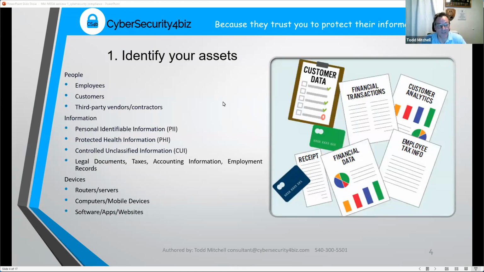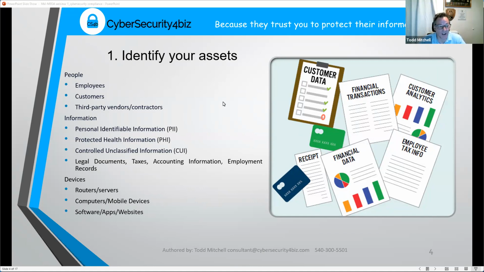So the first thing in identifying your assets, this could be people, information, and devices. On the people side, you have employees, you have customers, you have third-party vendors. Information-wise, you have personally identifiable information, you have protected health information, you have controlled unclassified information if you're working with the government.